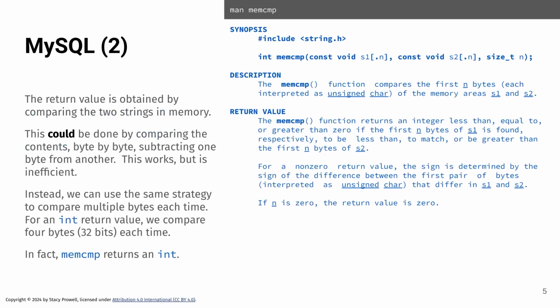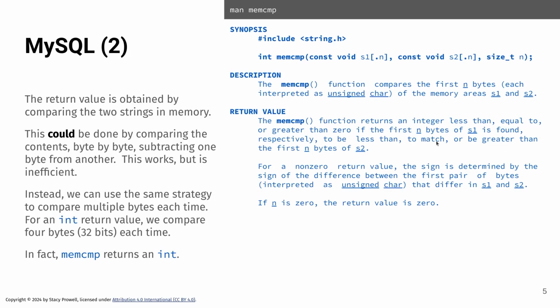The return value that I get back from memCompare, I can go read the man page for that, right? The memCompare function returns an integer less than, equal to, or greater than 0 if the first n bytes of S1 is found respectively to be less than, match, or greater than the first n bytes of S2. So if it's less than, I return an integer less than 0.